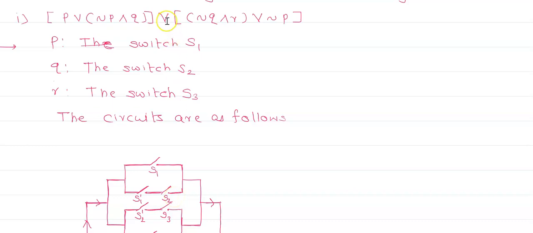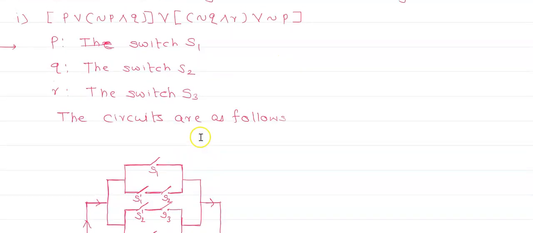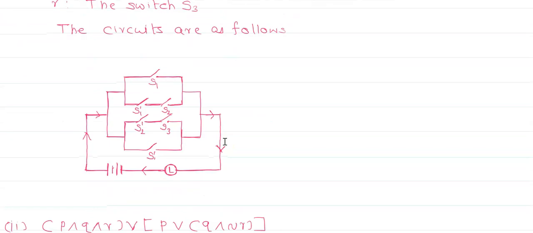And again it is an OR with negation of Q and R, that is S2 dash and S3. And again OR with negation of P, that is S1 dash. This is the logical circuit for the first one.